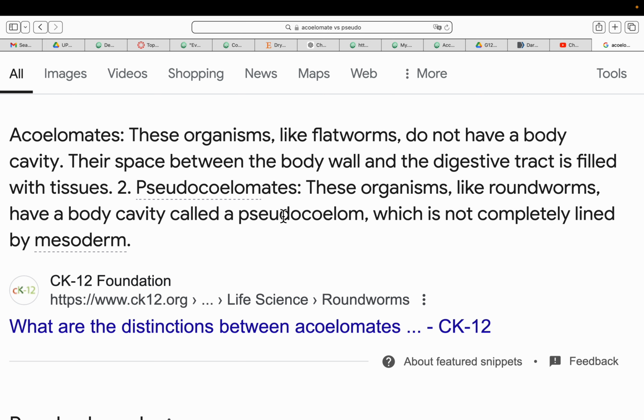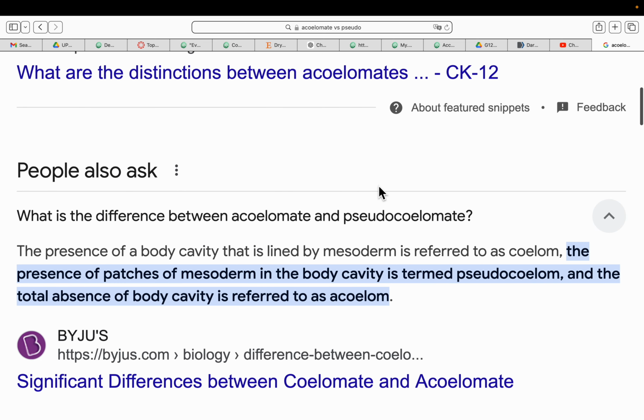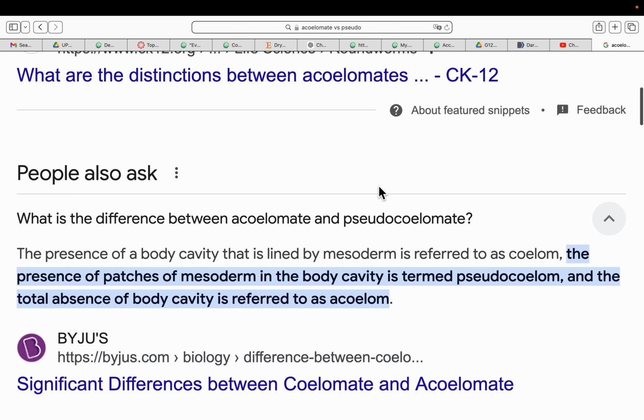In layman's terms, they have a body cavity that basically resembles something seen in a coelomate, but it's not completely the same, I suppose. Total absence of body cavity, that's acoelom.